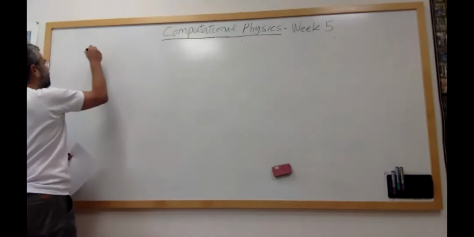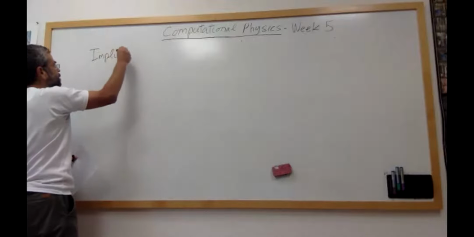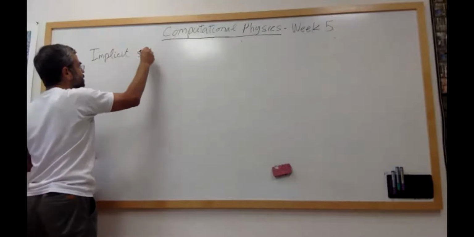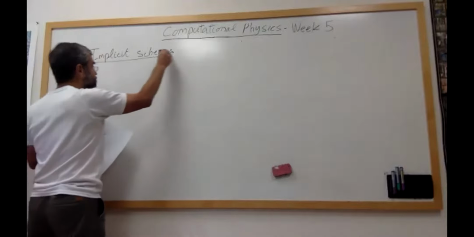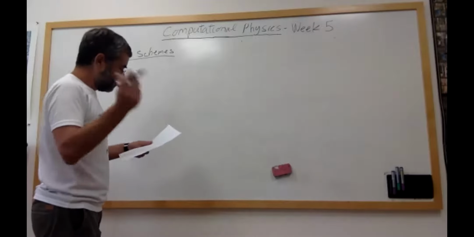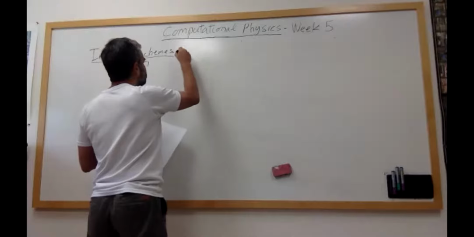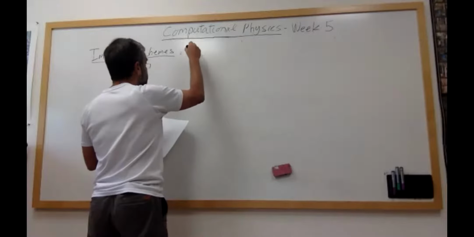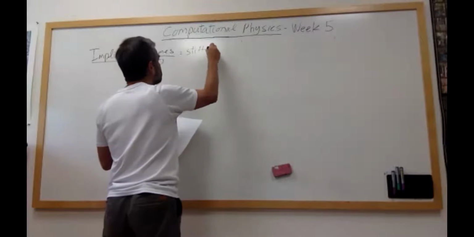Okay, so I'll call it implicit schemes. Another way of calling it is a stiff set of equations.